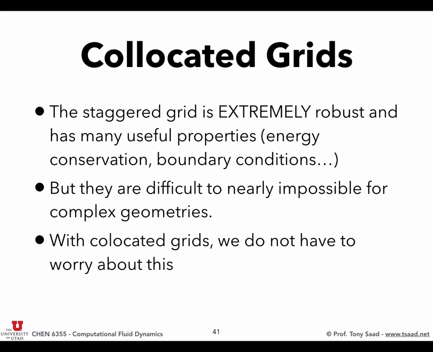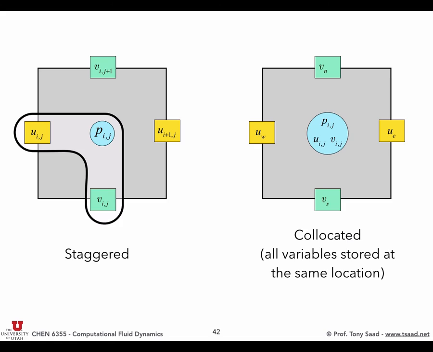So what's the difference between the staggered grid and the collocated grid? In the staggered grid, we solved for scalars at the cell center, and we solved for the u velocity on the x faces and the v velocity on the y faces. With the collocated grid, we put everything on the cell center, okay? But we are still finite volume, so we need a u east and u west and p east and p west, right?